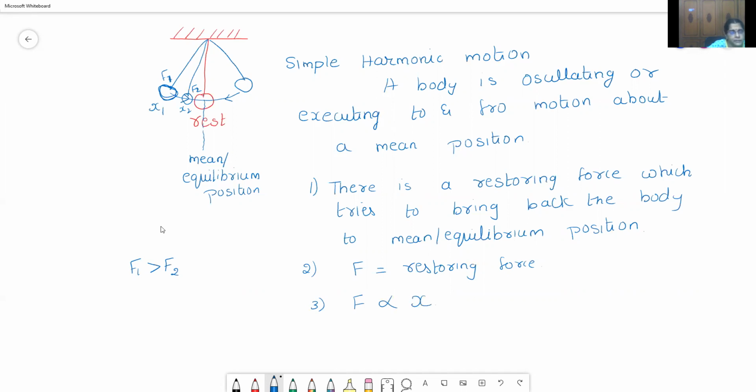Displacement is nothing but x, how much it has got displaced from the equilibrium position. So more the displacement, more will be the force. If the bob is near the mean position, then the restoring force will be less. If the bob has moved far away from the mean position, then the restoring force is going to be more. So this restoring force is directly proportional to the displacement.